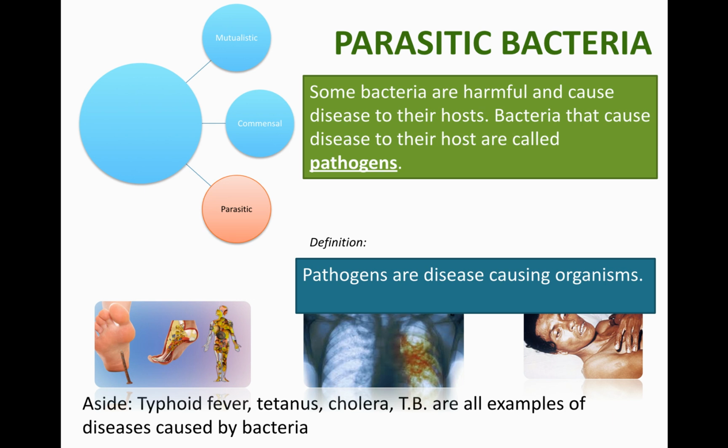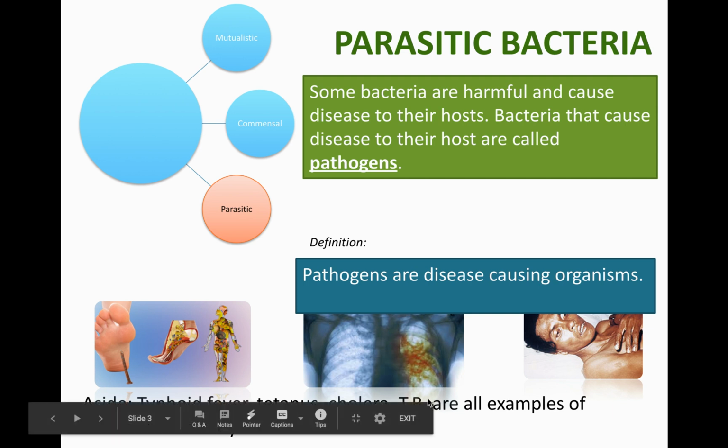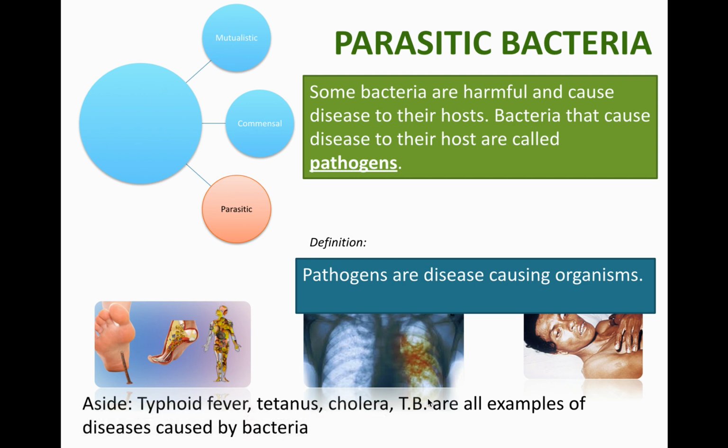So, when we're talking about bacterial diseases, you could be talking about things like TB, which is Bacillus typhoid. Bacillus typhoid was a disease caused by a bacteria that affected lungs back in the early 20th century. It was very widespread.